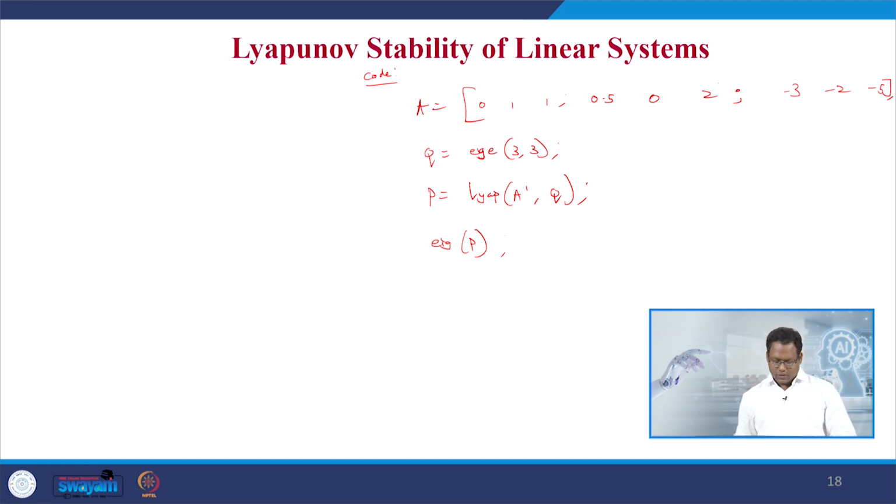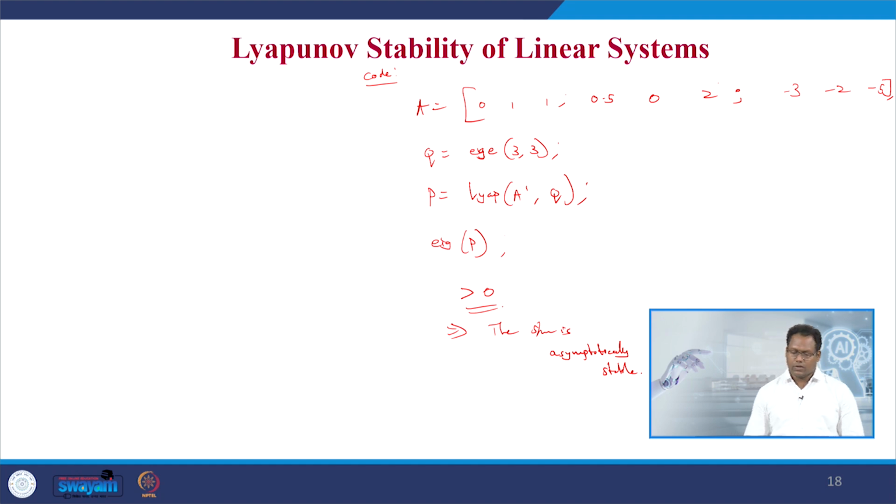Okay, so we get the eigenvalues of P coming out to be all greater than 0, which implies that the system is asymptotically stable. Okay. So, that is all about this method.